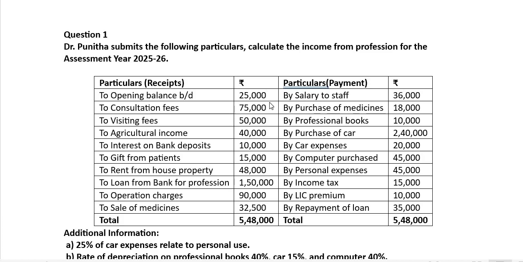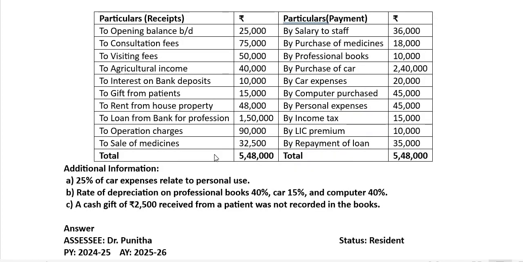So this is the receipt side. Whatever receipt the doctor received is written on this side, and whatever payment the doctor made is written on the credit side. As usual, we have to look into the additional information first before solving the sum.